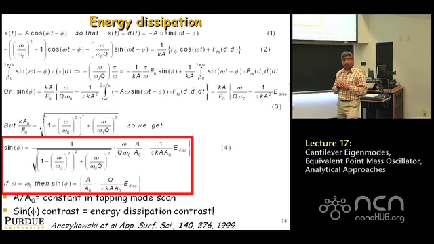Now, if the tip sample interaction force were purely conservative, what does conservative mean? It means that if F_TS is only a function of distance, d, not a function of rate, there's no rate dependence in it. If that's the case, what do you expect this integral to be? In a cycle, if you have a conservative force, you go in a cycle, you come back to the same state, it does zero net work.